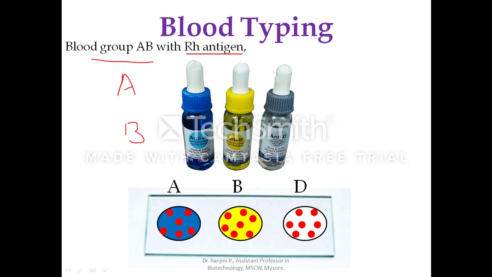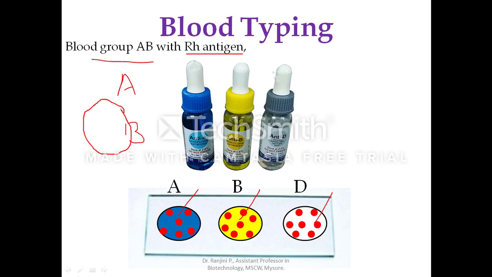In such a condition, you will find clumping in the A circle, B circle as well as the D circle.